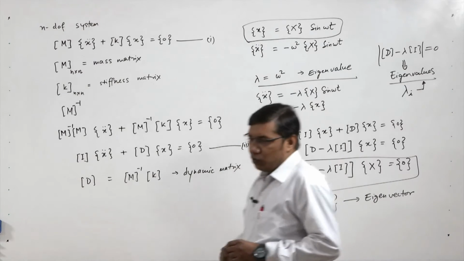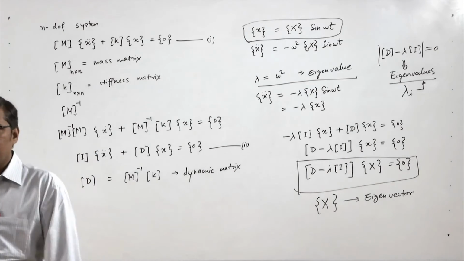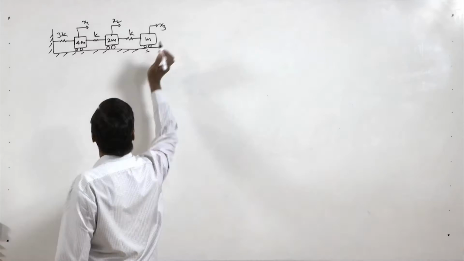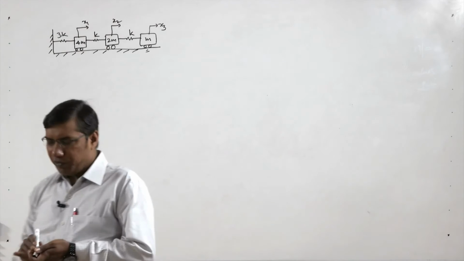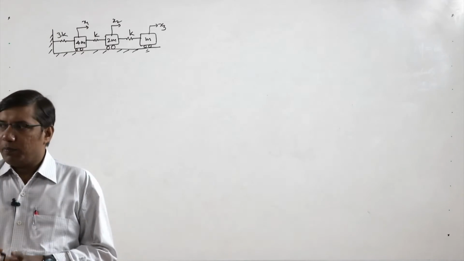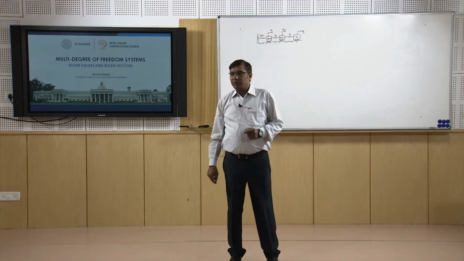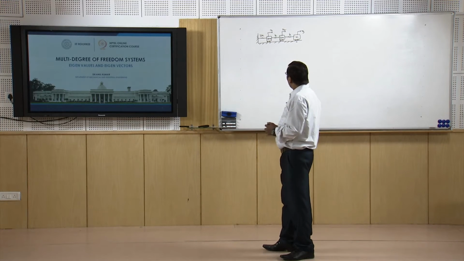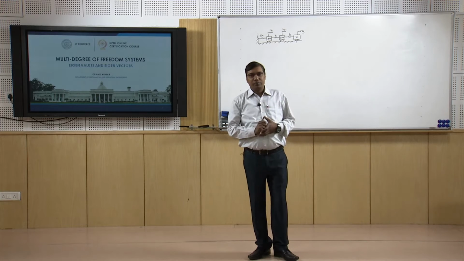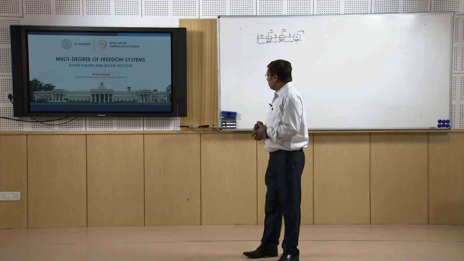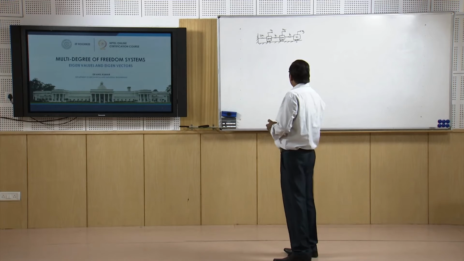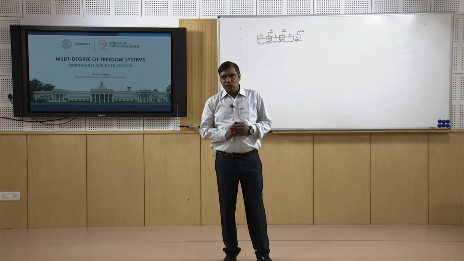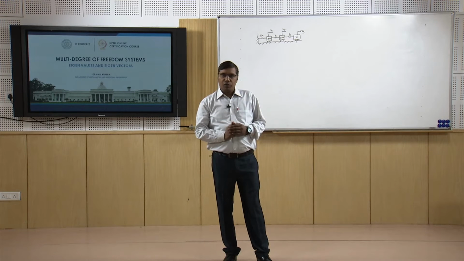So now we will take one example and try to apply what we discussed. So we have this 3 degree of freedom system comprising 3 masses and 3 stiffness elements. The 3 masses are 4m, 2m and m, and the stiffnesses are 3k, k and k. Now we want to know the eigenvalues and eigenvectors of this system.